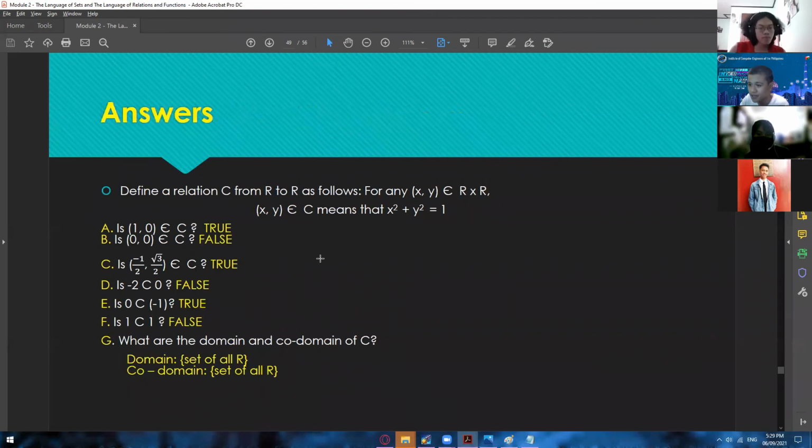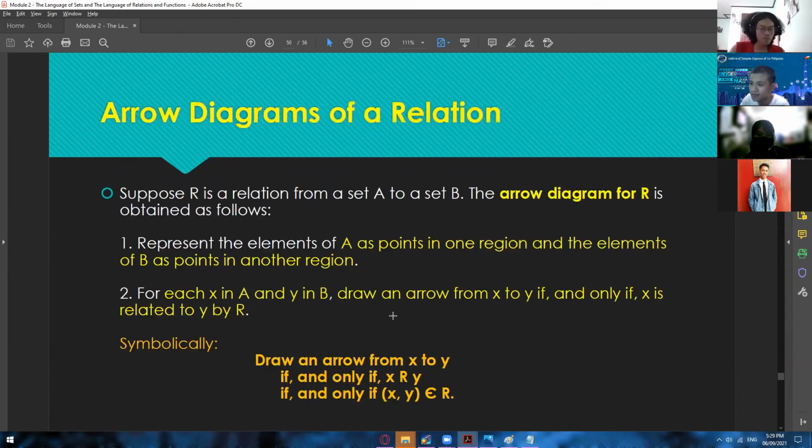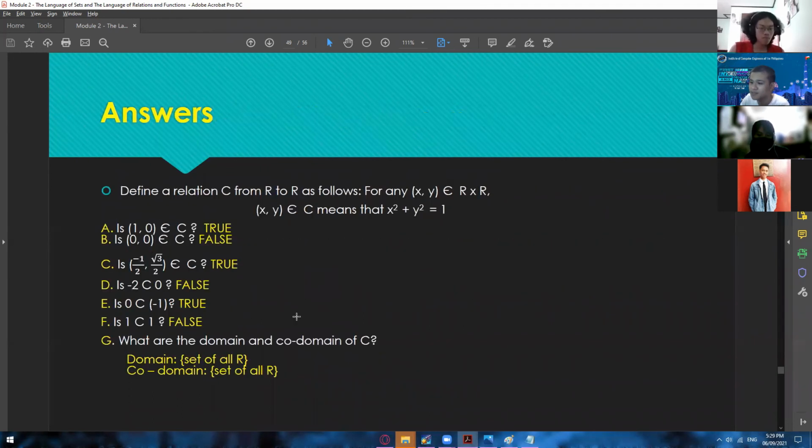Okay, so here are the answers. We now only have 1 minute and 45 seconds left, and we still have 7 slides remaining. So I think we cannot finish this one today, unless you guys are willing to have another meeting. Will it be okay, guys?